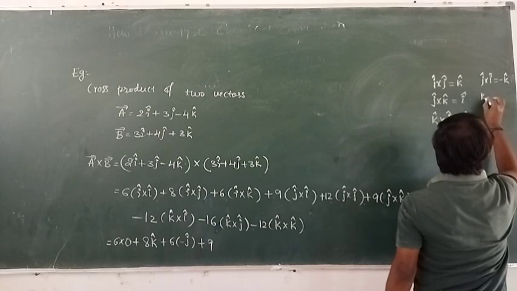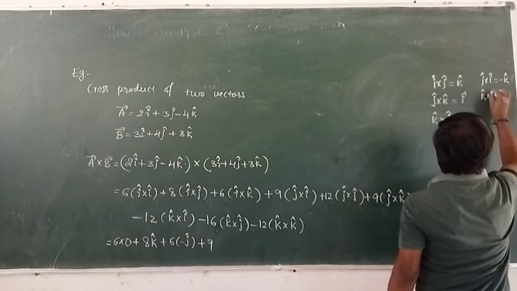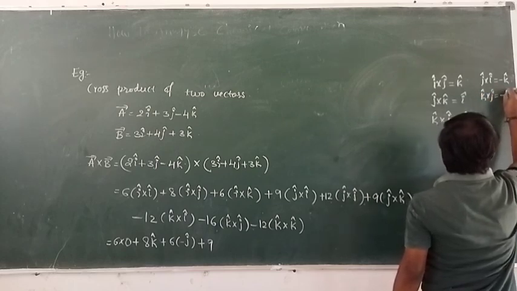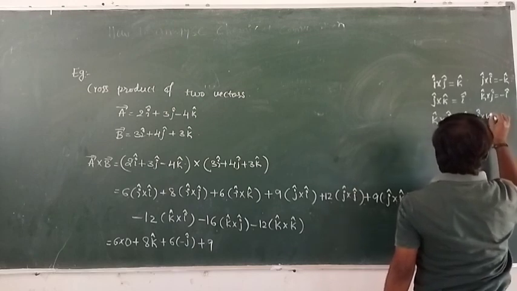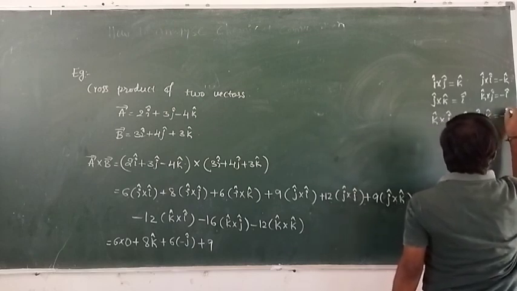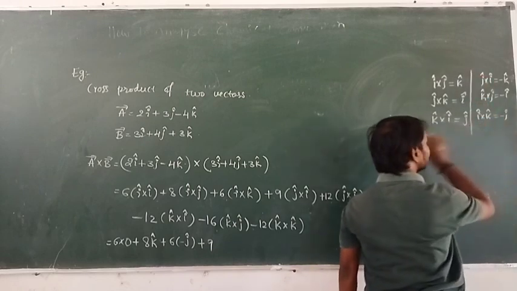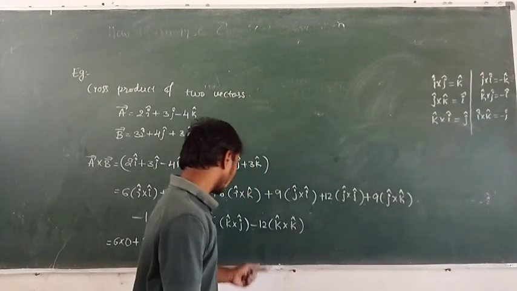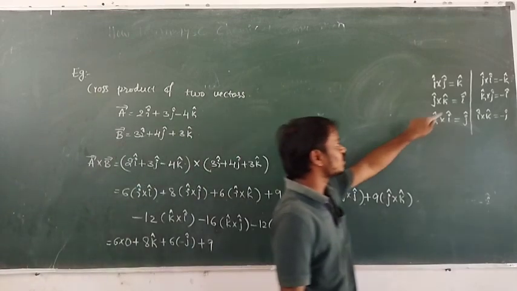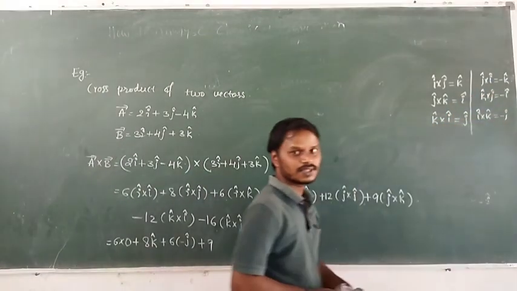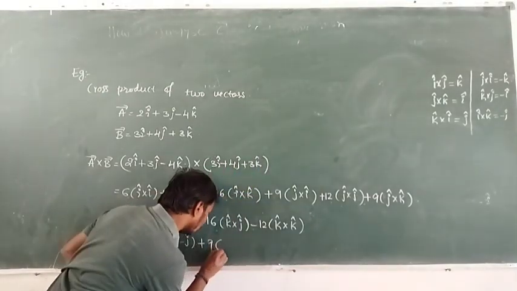Then k cross j is minus i. Next, i cross k is minus j. So remember this chart. Now, plus 9 into j cross i. j cross i is nothing but minus k.